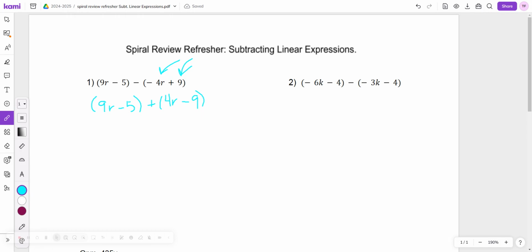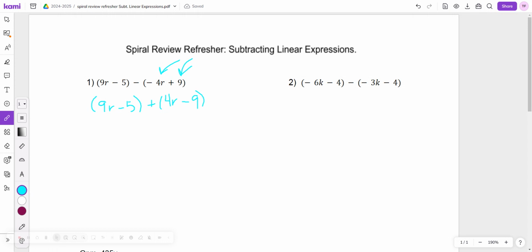Now when we talked about doing these, we talked about there's a couple ways that we could do it. We could box in our terms and then combine the like terms, or we can stack and add. The first one I'm going to do is the stack and add.